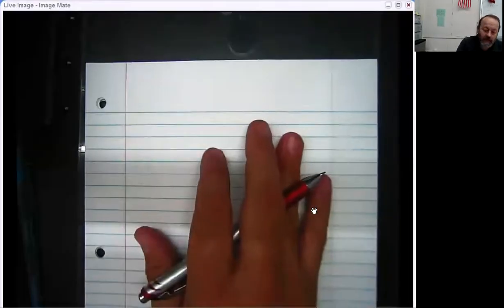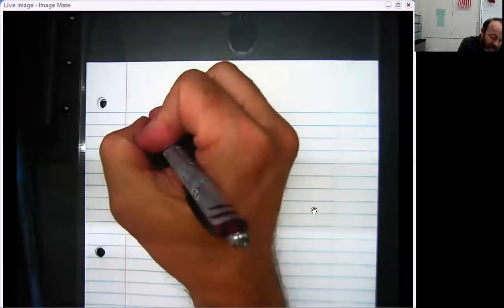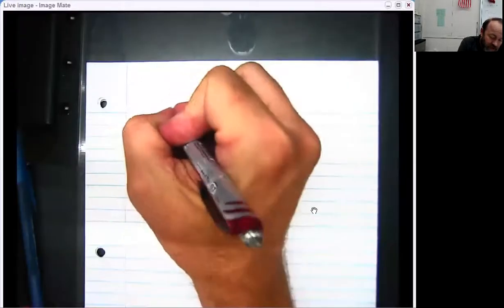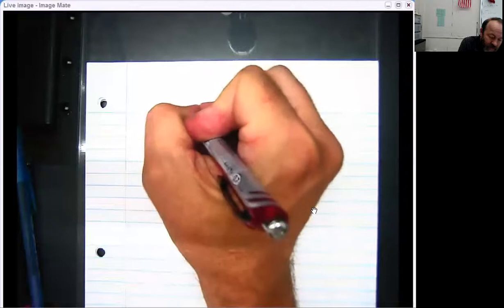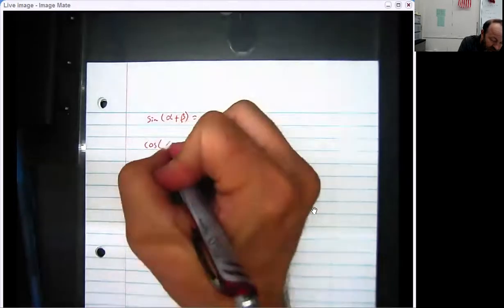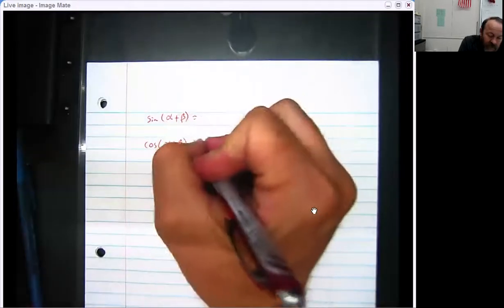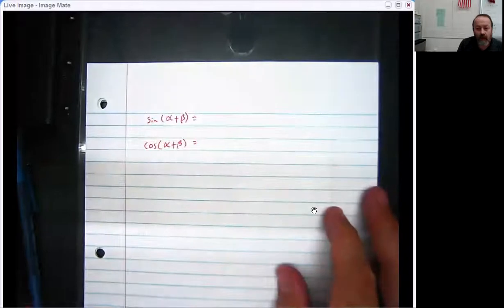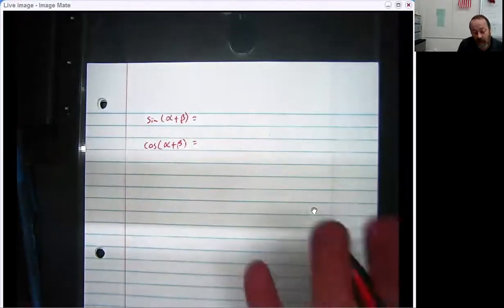So before I actually launch into the calculus side, let's remember just a little bit from math analysis. There are two identities that I want to remind you about. One of them is the sine of alpha plus beta, and the other one is the cosine of alpha plus beta. Now, it's been a little while since we've done that. Remember, these are identities, so it really doesn't matter what alpha and beta are. These are always true.